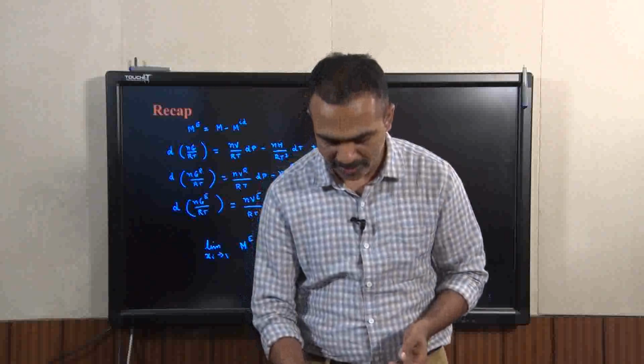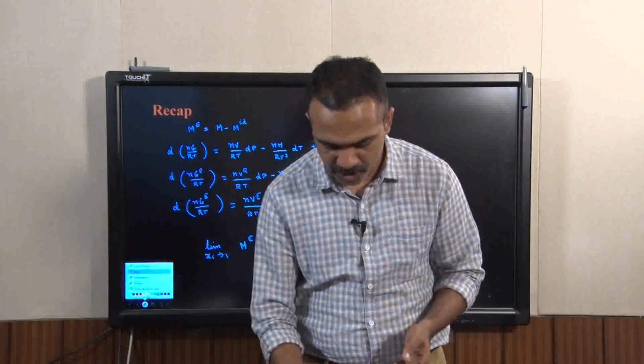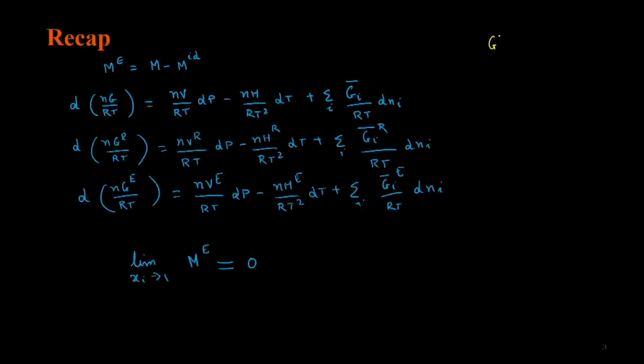And if you recall, in the last class we said GE is obtained from vapor-liquid equilibrium experimental data. In addition, HE is obtained from mixing data, or experimental data for mixing of two chemical species.